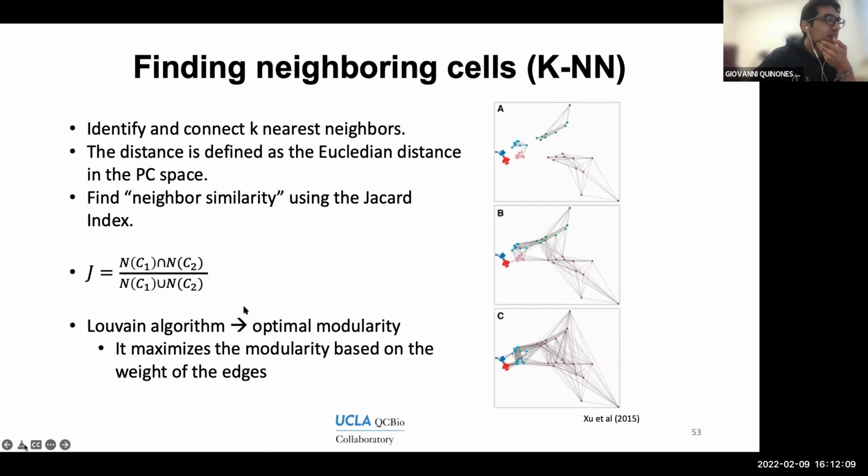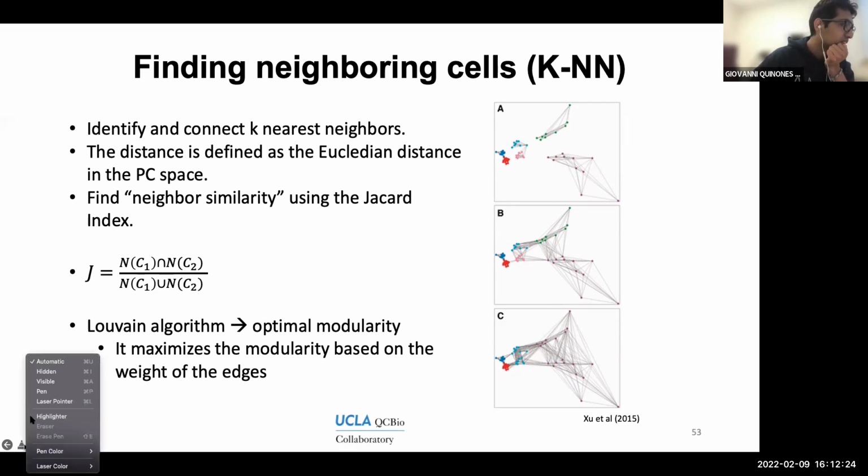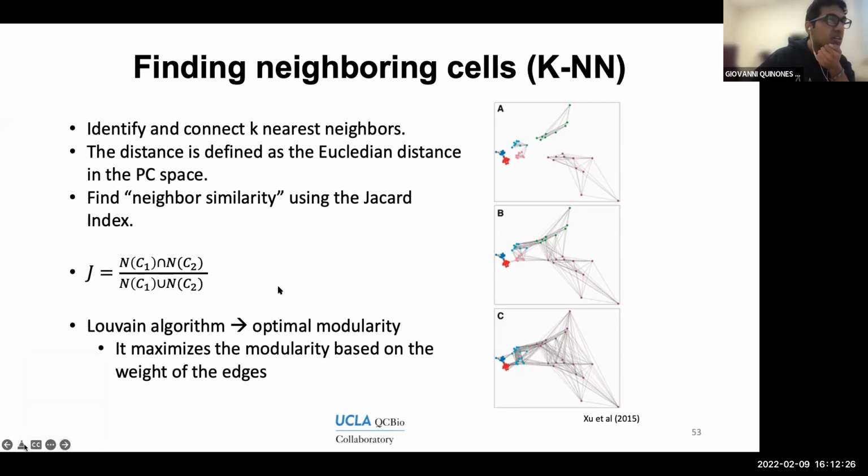What this means is that if you look at an edge in this pink cluster, there are 2 cells connected to each other. Let me change to a laser. Cell 1 is over here and cell 2 is over here. There is an edge. They are closest neighbors, but then you can also look at their other neighbors.